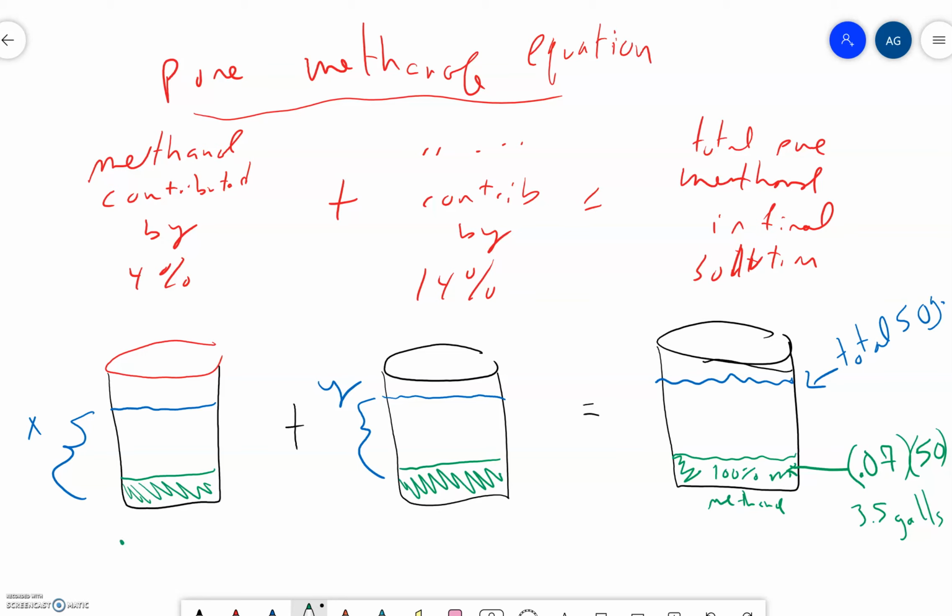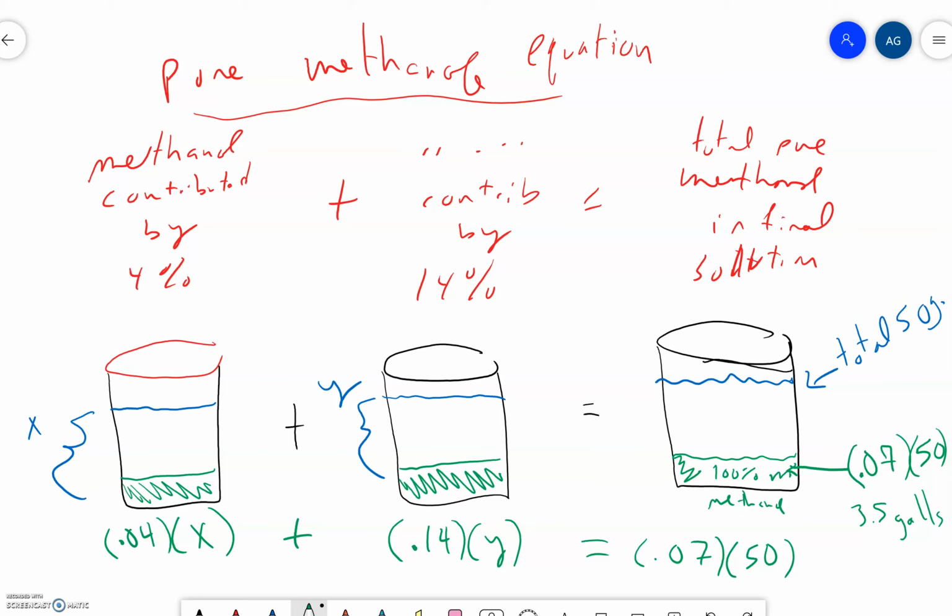So this one is 4%, so that's going to be 0.04 times X, X being the number of total gallons, and this is going to be 0.14 times Y, and that has got to add up to 3.5, but I'll just write it like this, 0.07 times 50. This is my pure methanol equation down here at the bottom. Now I could just write that as 3.5, but that's the full equation. Oh, and I also need a plus because we're just pouring one into the other, right? So that's just additive. Okay, so that's a little explanation of this second part of the system.